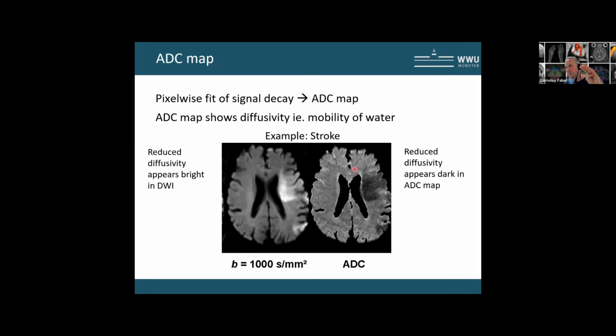And of course, if we have a map, a low value of the diffusion constant in this color scale is a black value. So if you have reduced diffusivity, it's bright in the direct diffusion weighted image, but it's dark in the ADC map. This is the important difference, and not to confound each other.